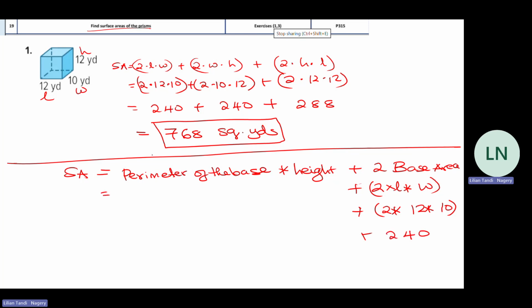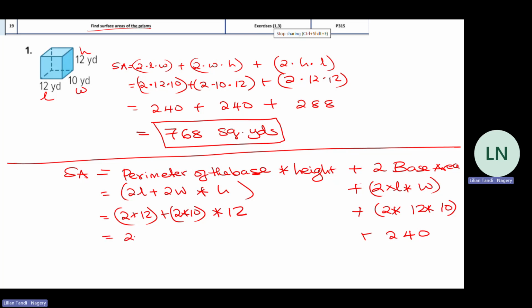Now, perimeter of the base, your base is a rectangle. To get perimeter of the base, you should do 2L plus 2W, and then you're gonna multiply by the height, okay? So you're gonna do 2 times 12 plus 2 times 10, and then you're gonna multiply by 12.